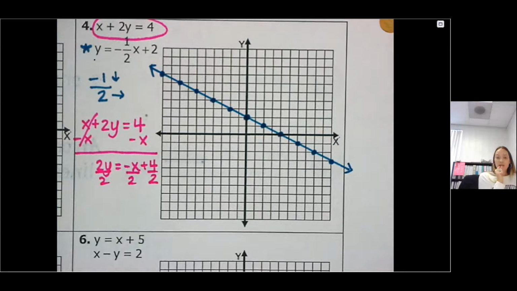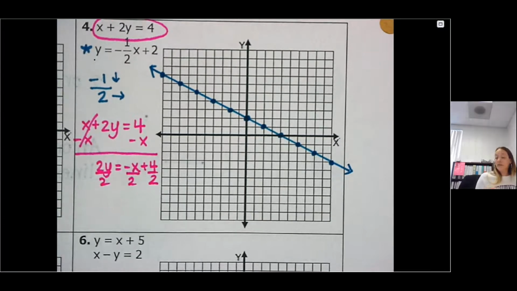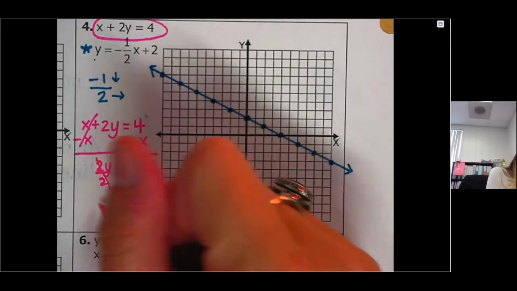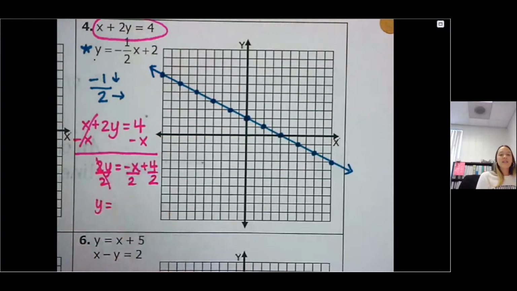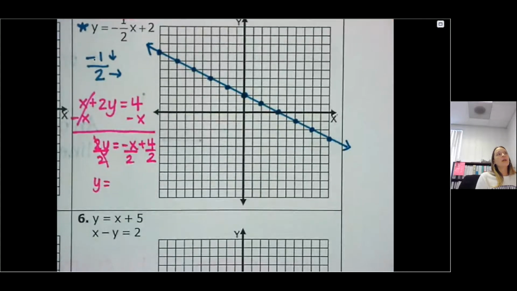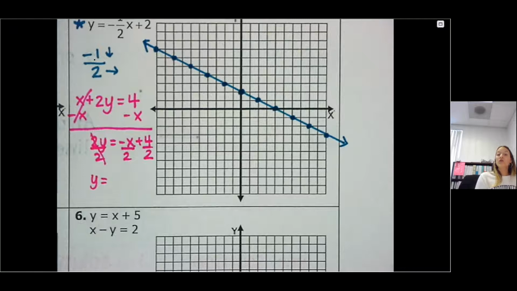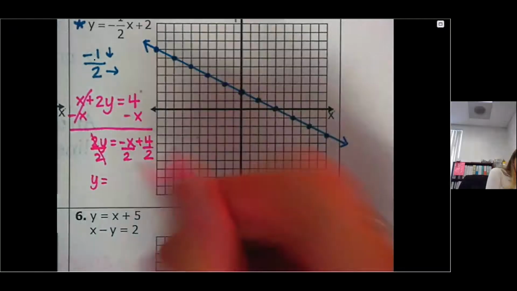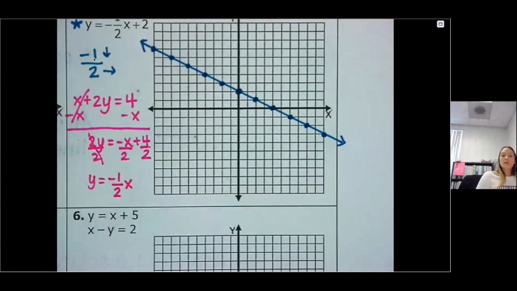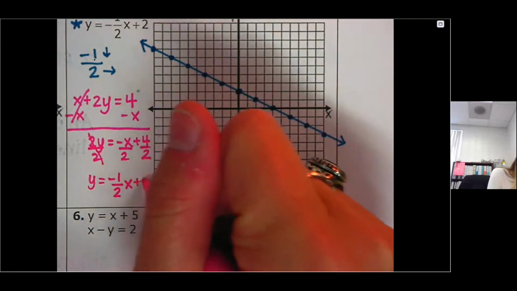So on the left, my 2's will cancel. You're left with y equals. Now, you've got a negative sign in front of that x. What number can I put there if there's no number there? A negative 1. So my slope is a negative 1 over 2x. And then what is 4 divided by 2? A positive 2. There's my second equation.